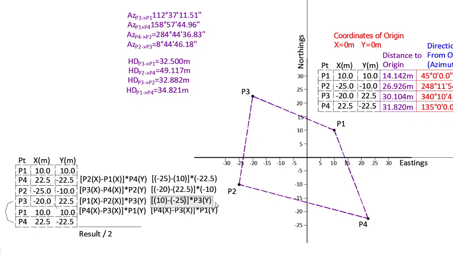And then the coordinate y for P3, which is 22.5. Then the coordinate x for P4, which is 22.5. And the coordinate x for P3, minus 20.